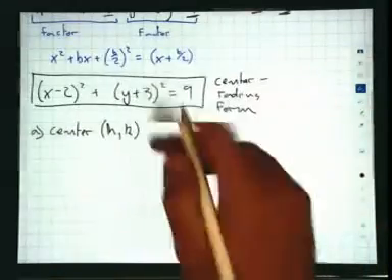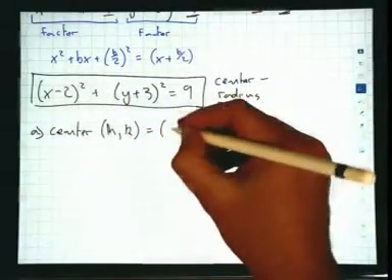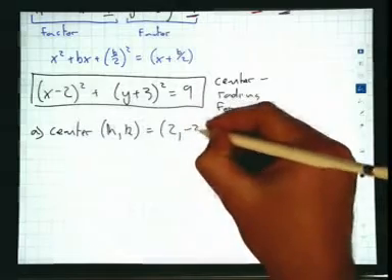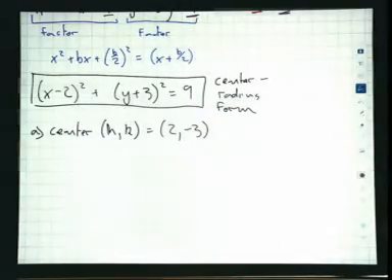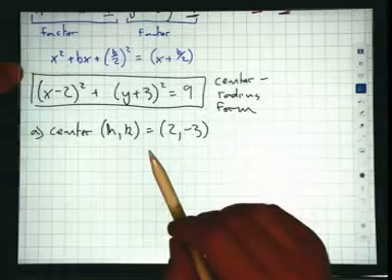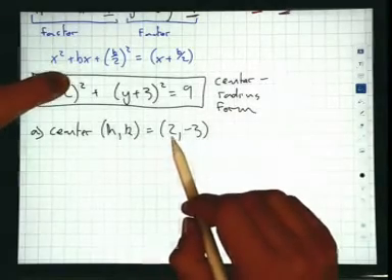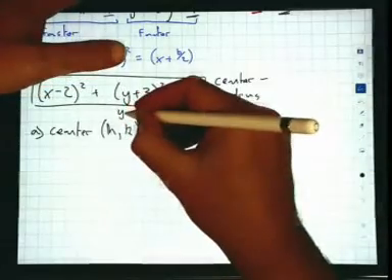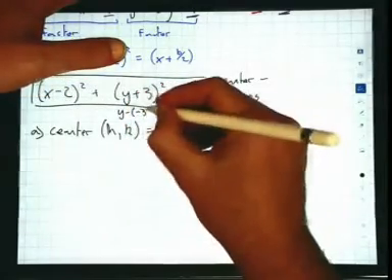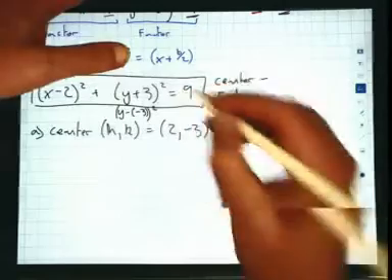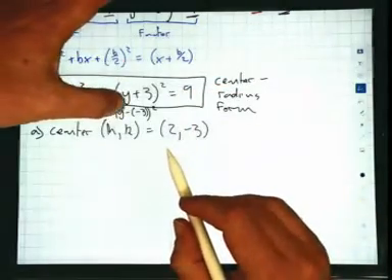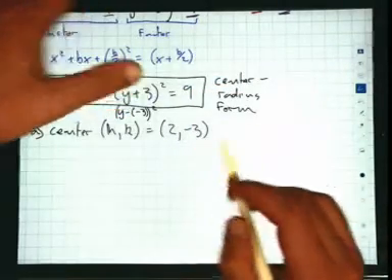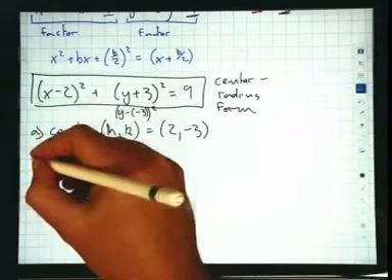So h, k is going to be 2, negative 3. You have x minus h, so 2 is h. I could rewrite this as y minus a negative 3 quantity squared, so there's my center.